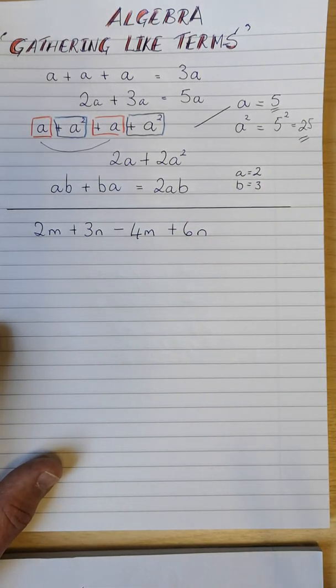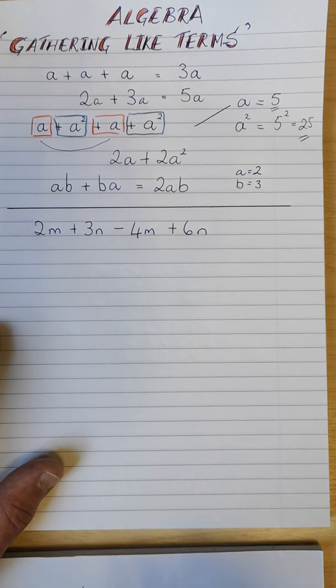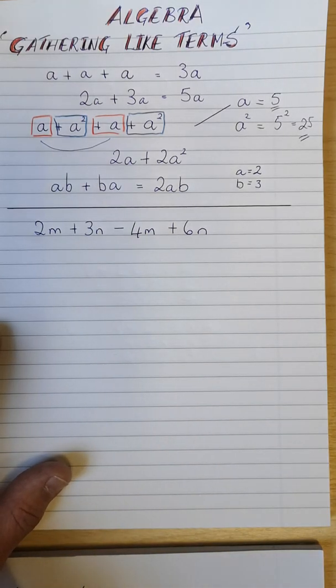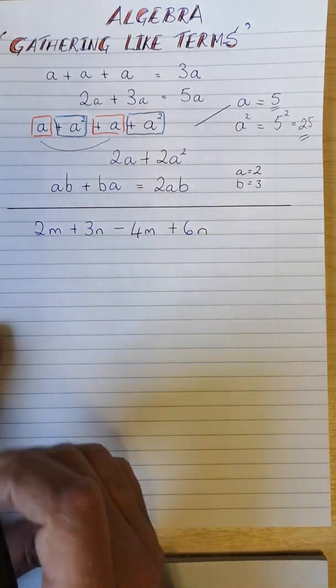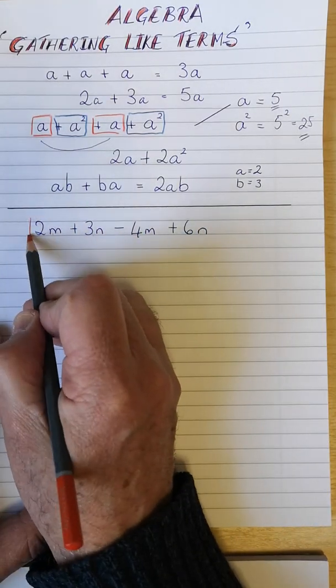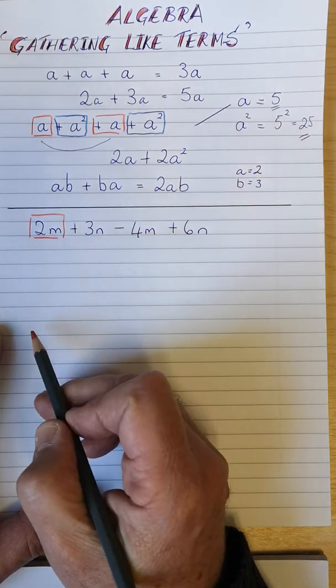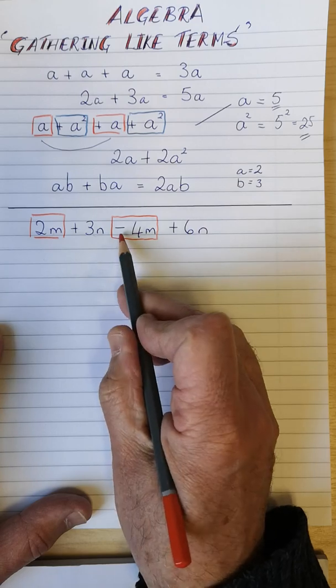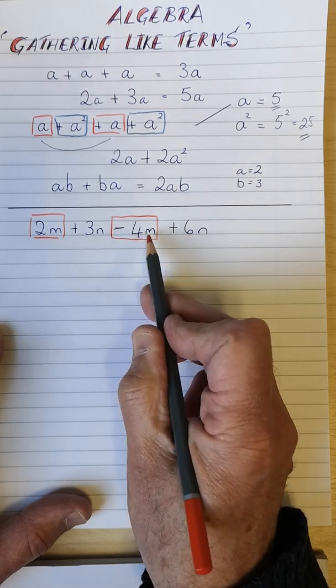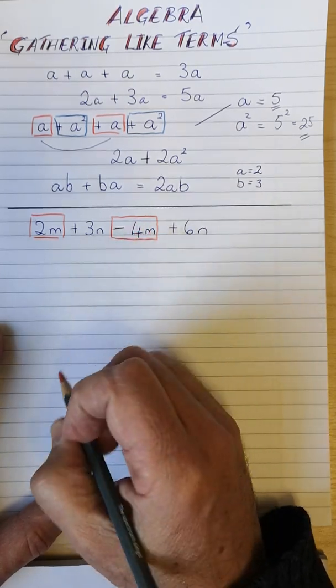Right, now we bring in the color again, as I said earlier. We need to look for things that are the same. Now, clearly there's an m and there's an m, and there's an n, and there is an n. So let's block them off.